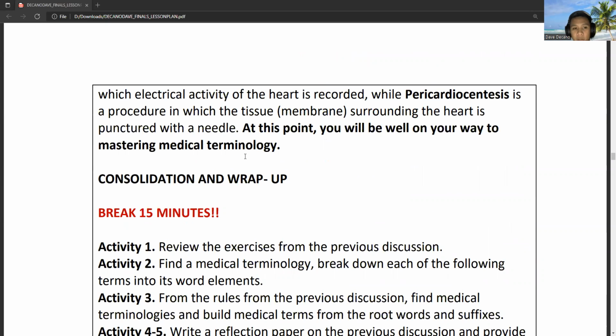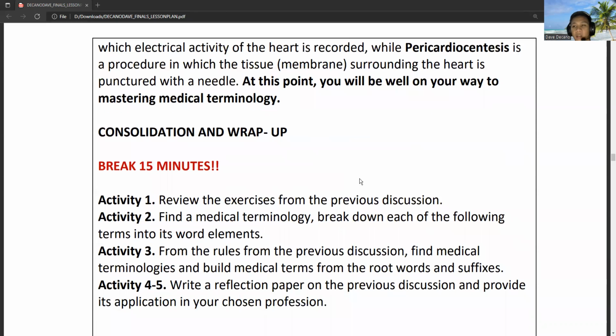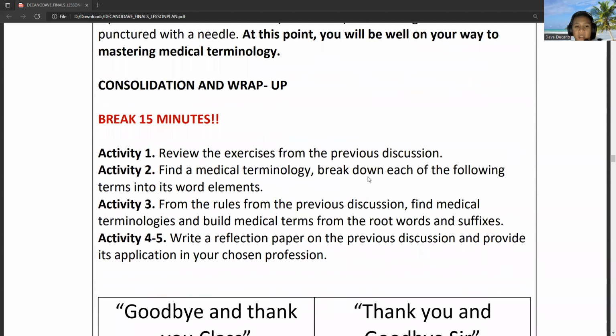So in consolidation and wrap up, there will be a 15-minute break, and after that some activities wherein they will review the exercises from the previous discussion, find medical terminology, break down each of the following terms into word elements, and from the rules from the previous discussion, find medical terminologies and build medical terms from the root words and suffixes.